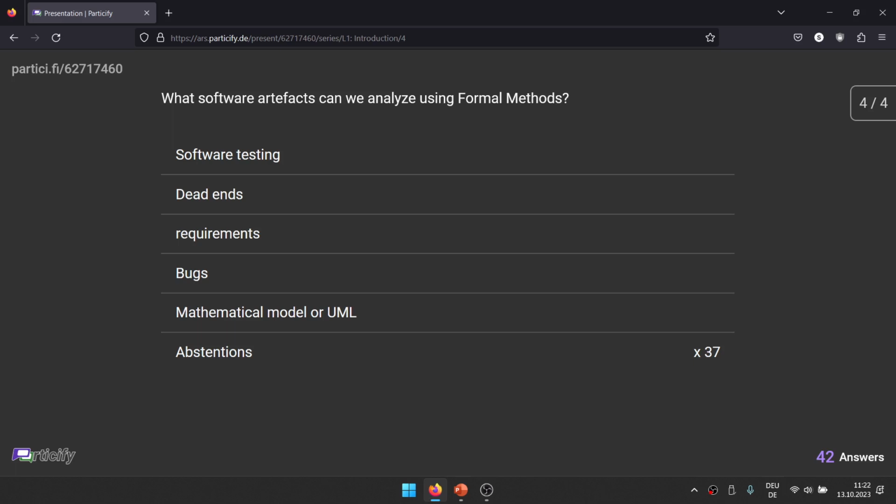Software testing, this is where formal methods can be used. But we said software testing, we're just going to write some tests, right? So how are we going to use formal methods for software testing? One example is we can let the software write test cases for us. Automatic generation of test cases would be based on formal methods.